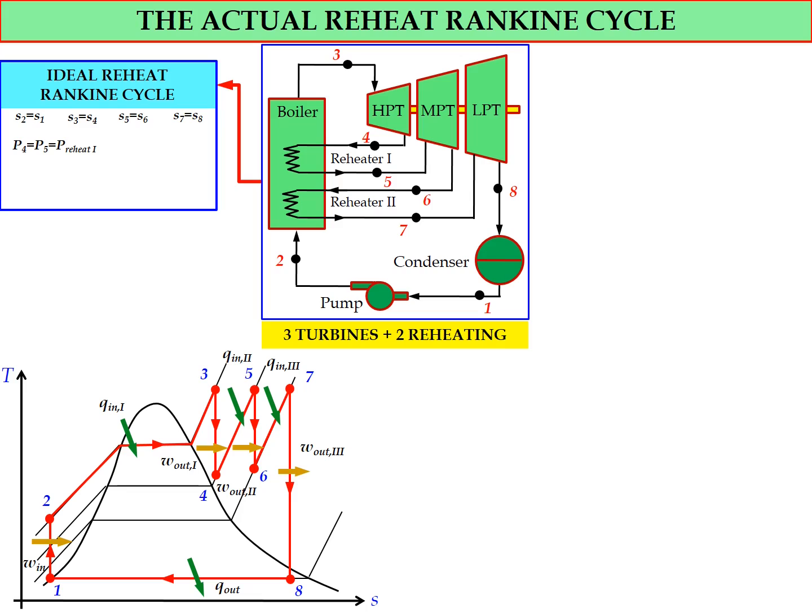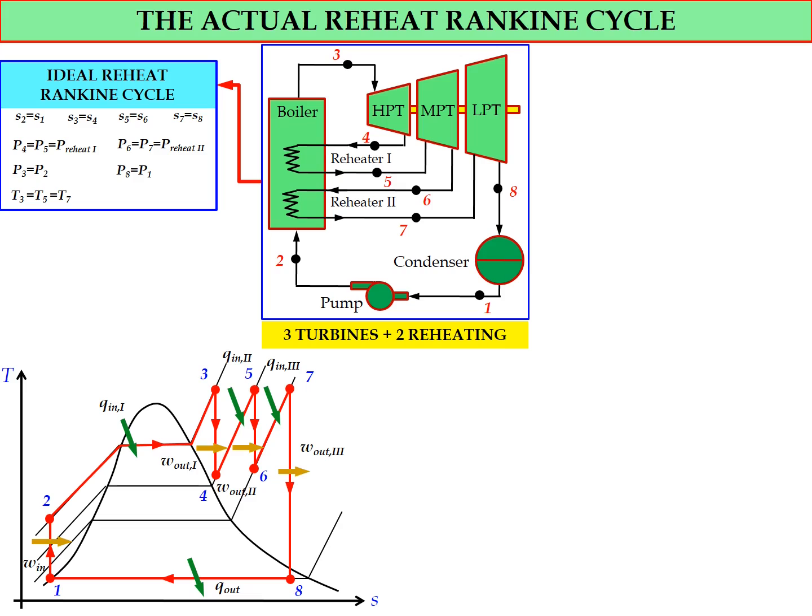During the reheating process, P4 will be equal to P5, equal to P reheat number 1, and P6 equal to P7, equal to P reheat number 2. During the heat addition process and also the heat rejection process, P3 equals P2 because we have a constant pressure heat addition process for the ideal Rankine cycle, and P8 equals P1 due to the constant pressure heat rejection process in the condenser.